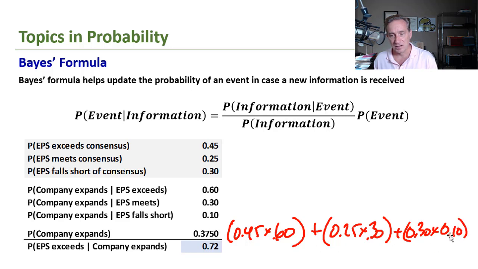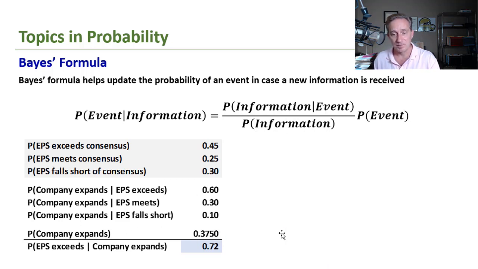That together gives us 0.3750, the unconditional probability that the company expands, and analogously, that's the probability of information in the denominator. It's 0.375. So then we could apply Bayes to answer this question, and notice how the conditionality is reversed.